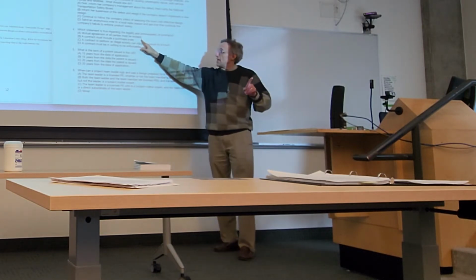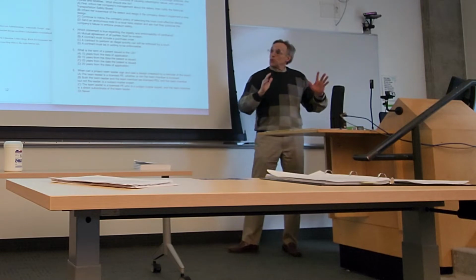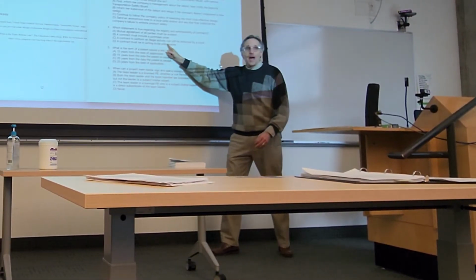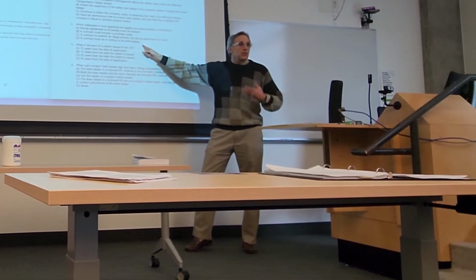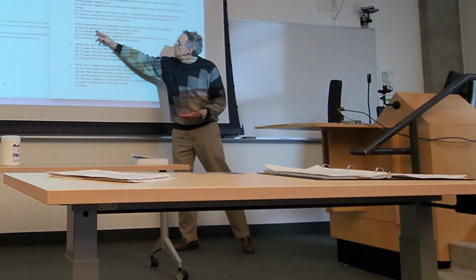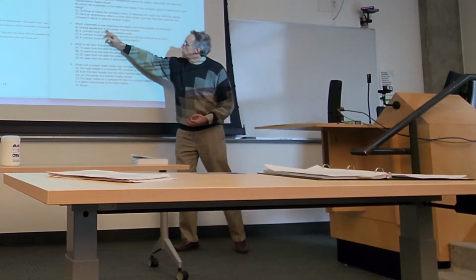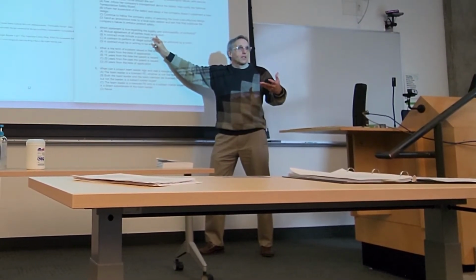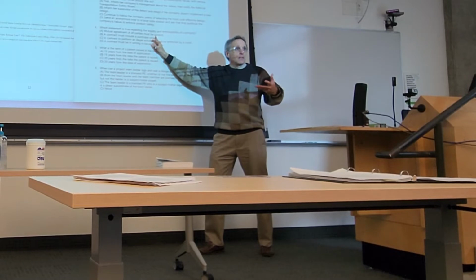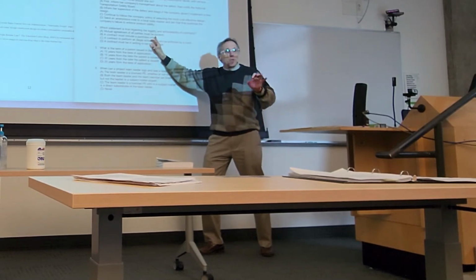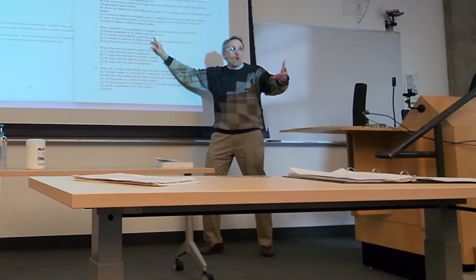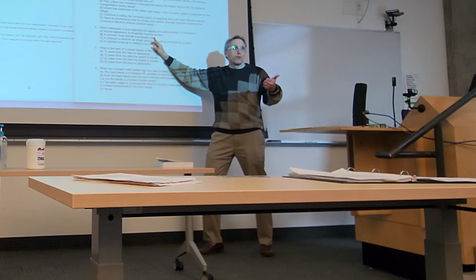The answer is A. Now, the first impulse, I think, of a lot of people is D. You must have something in writing. But actually, in the US, if somebody can prove that we had a verbal understanding, a judge will actually accept that. Even if there's nothing in writing, if you can prove that there was a serious verbal understanding between you and the other party, that can still be enforceable.